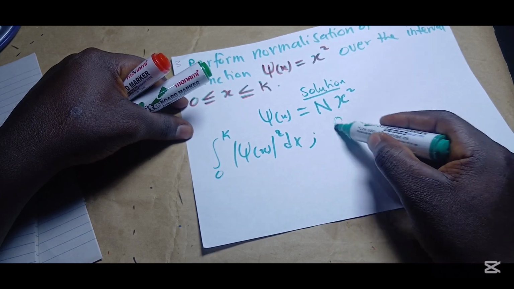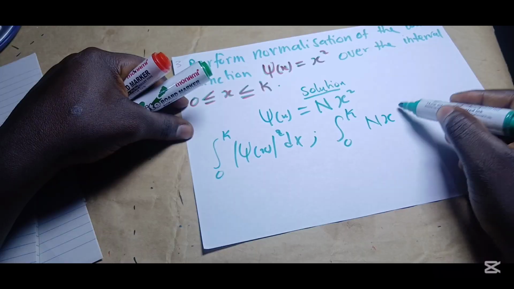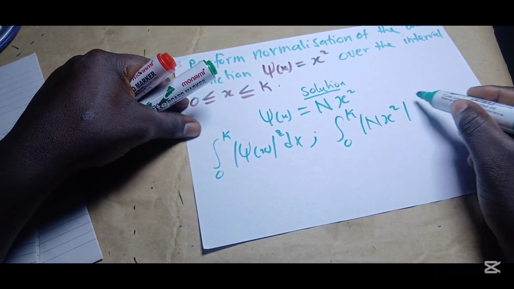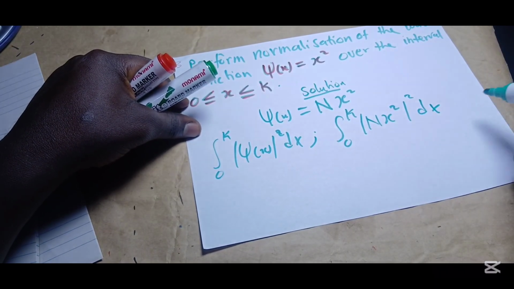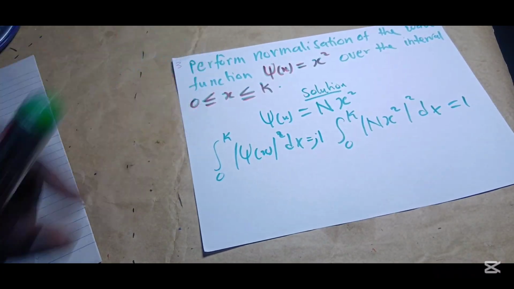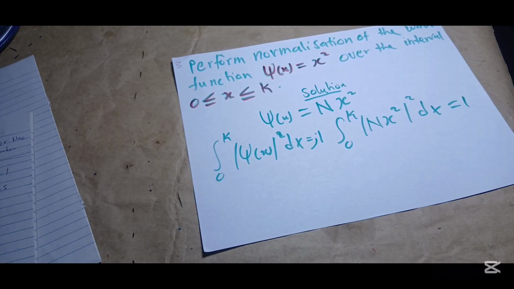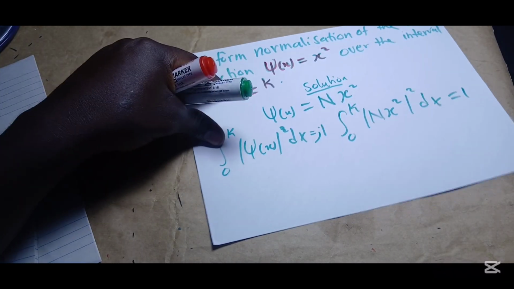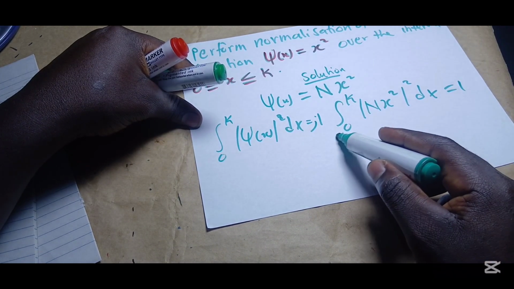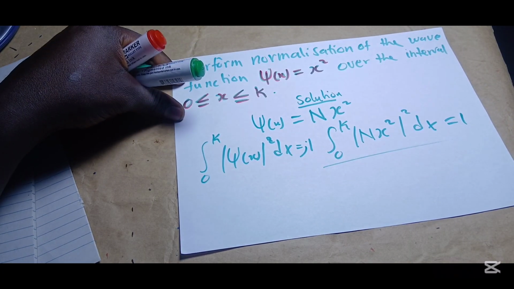So the integral from 0 to k of (N x squared) all squared dx should be equal to 1. We are normalizing it. When it's normalized, when we evaluate this whole thing, it should give us 1.